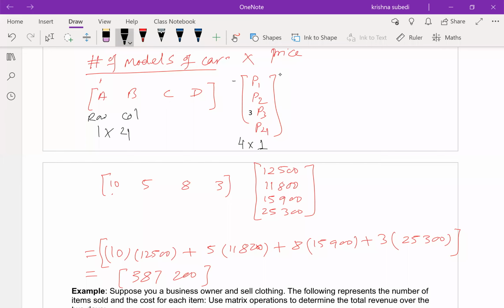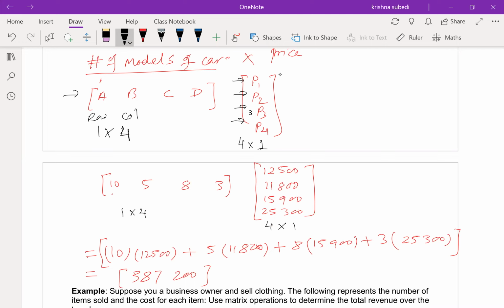Because there are 4 rows; horizontal is row and vertical is column. So there is one horizontal, one row, and there are 1, 2, 3, 4 vertical for the first part, 1 by 4 matrix. So this is 1 by 4 matrix. This is 4 by 1 matrix.